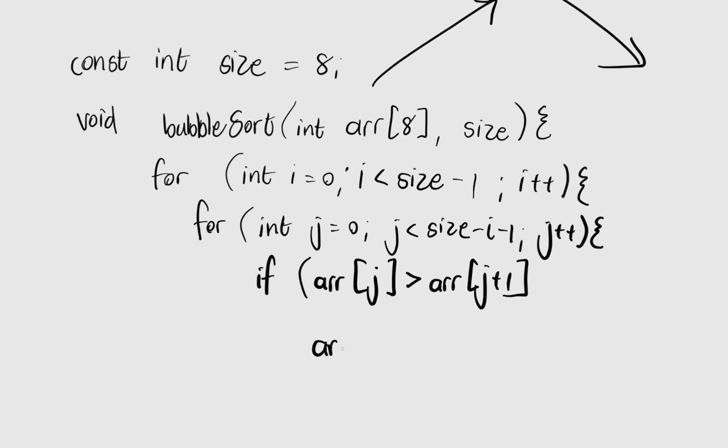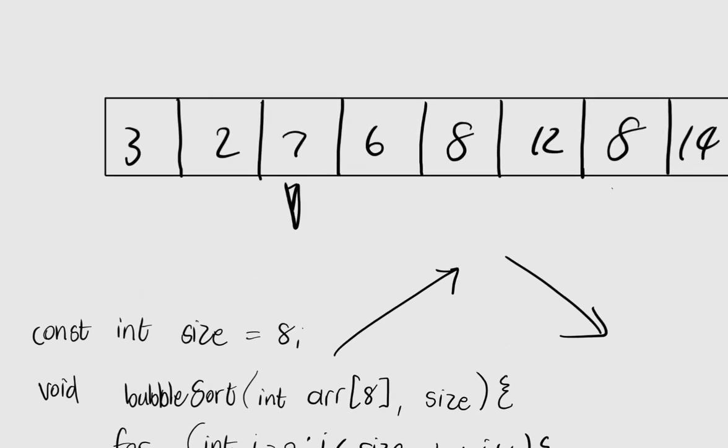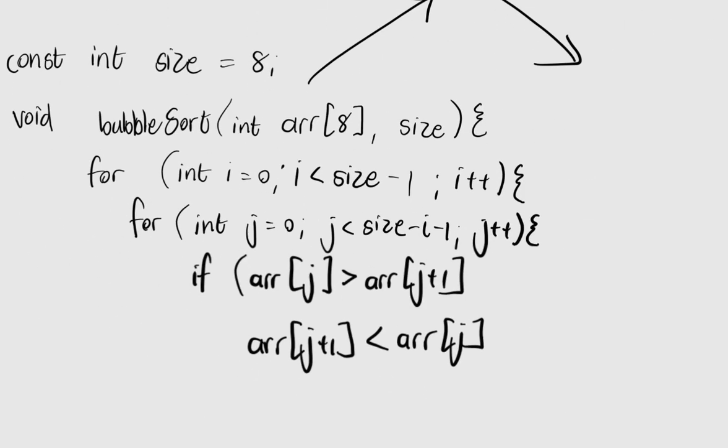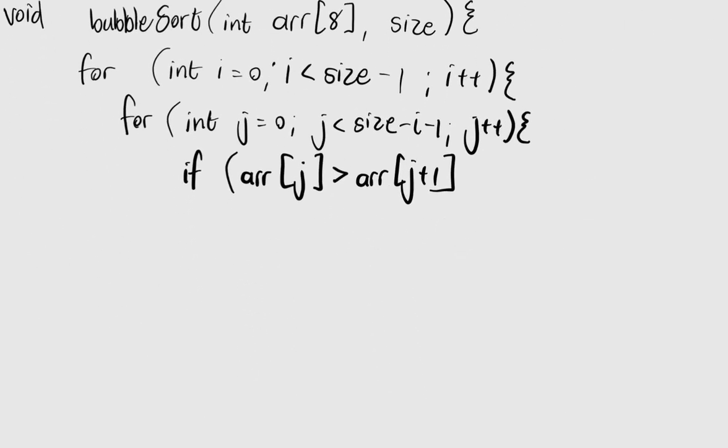This just means the same as saying array[j + 1] is less than array[j], right? That just means, is the value at this index greater than the value at this index? If so, then we're going to declare some int temp.